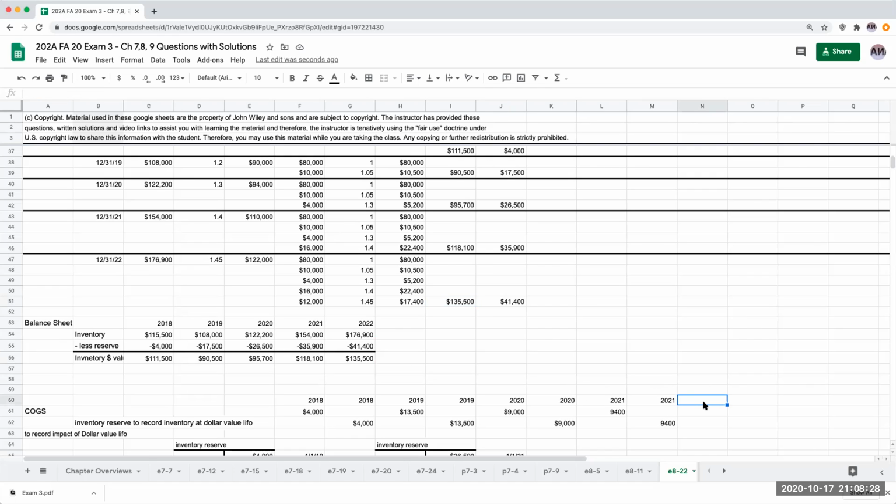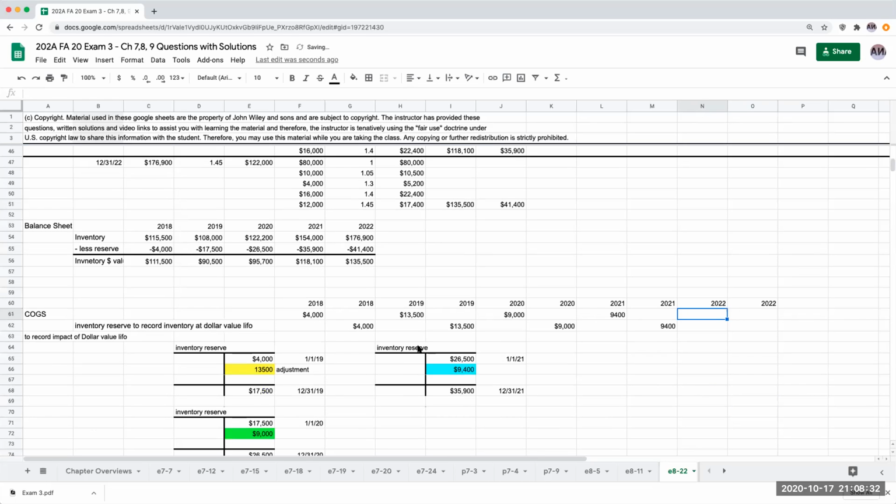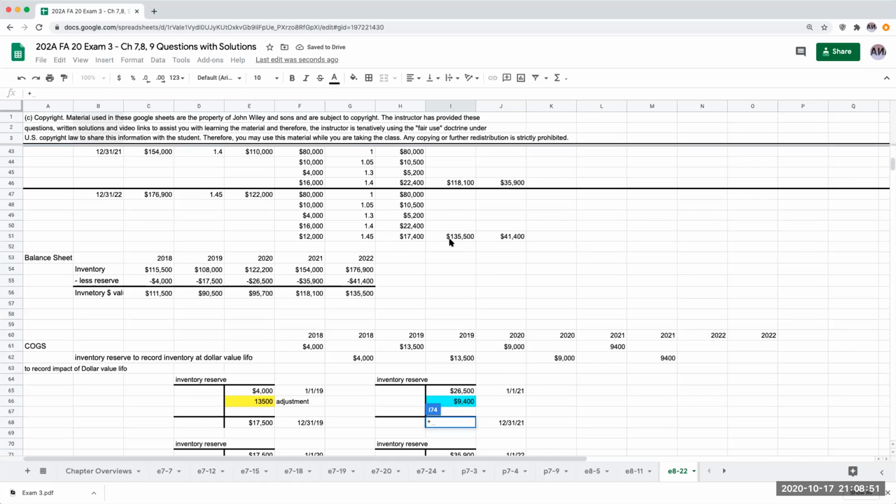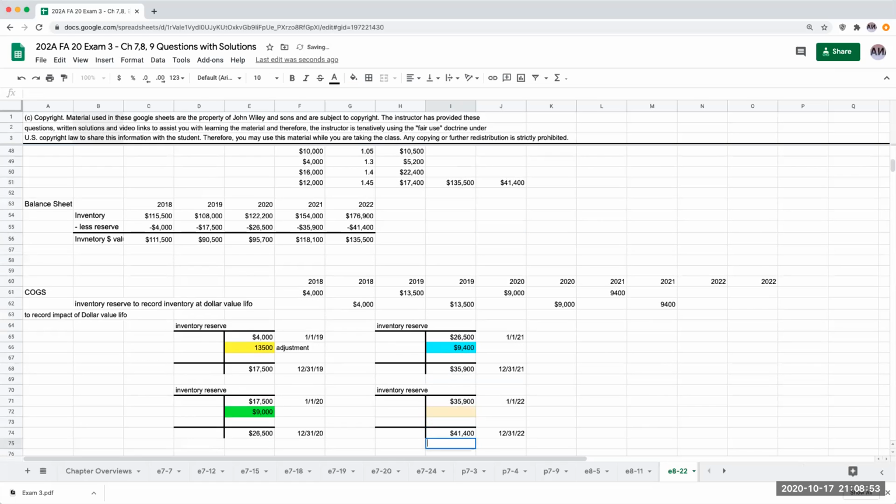When I come over here to 2022, what I have to do now is that my inventory reserve, this is going to be 1/1/22, or this prior balance here. Come up with a groovy new color, Emperor's New Groove. And so my ending balance here is going to be 41.4.